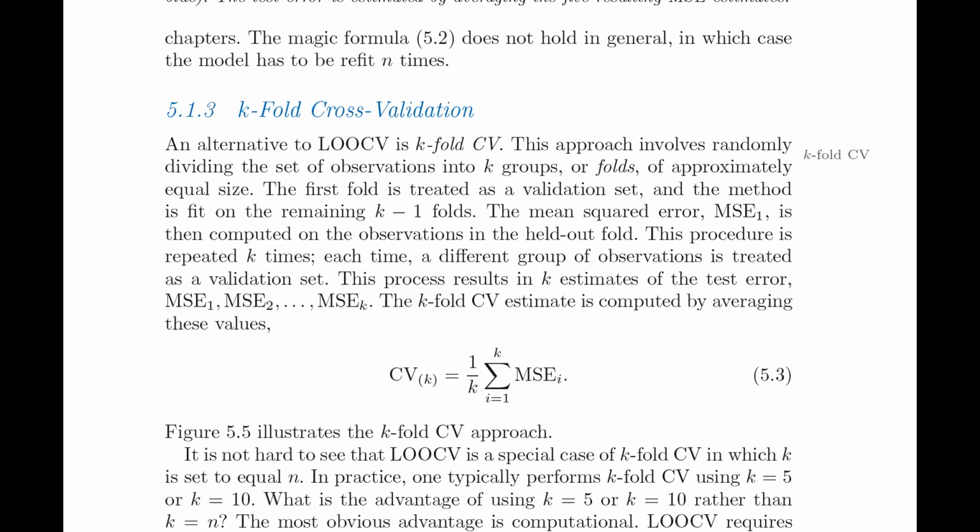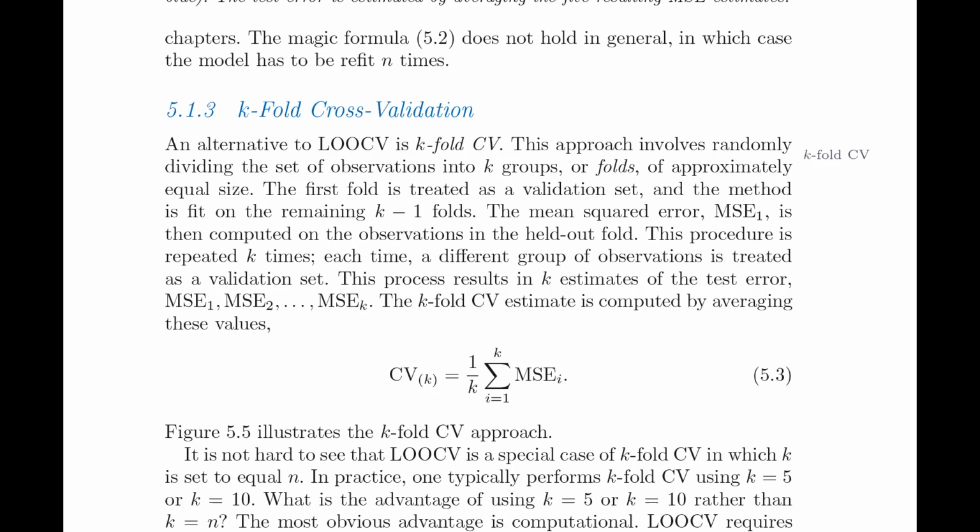We're not just saying the first so many observations, the next so many observations. So into k groups or folds of approximately equal size. The first fold is treated as a validation set, and the method is fit on the remaining k-1 folds.